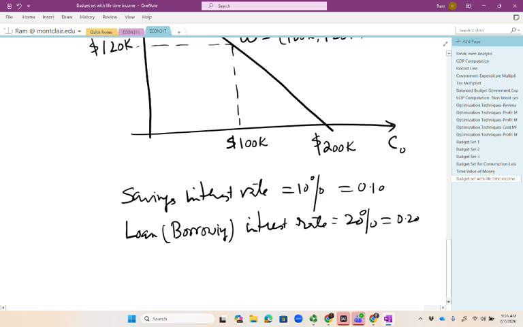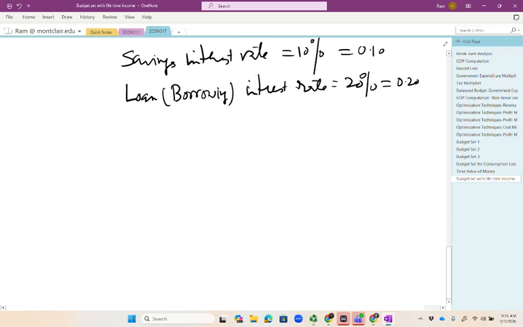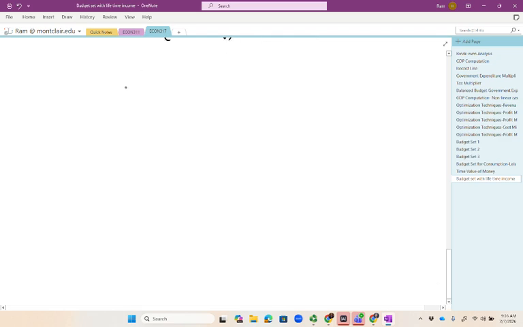With this, now I will draw the budget set, the lifetime income budget set for this consumer in the same format. So C0 on the horizontal axis, C1 on the vertical axis. Remember, I have not changed the borrowing interest rate.